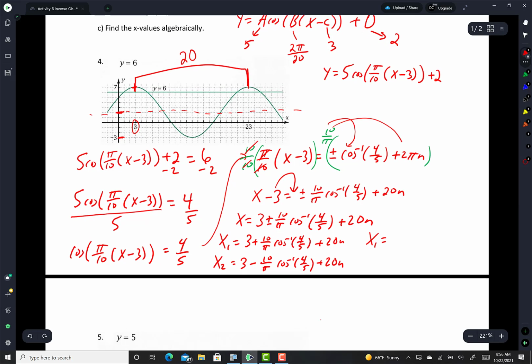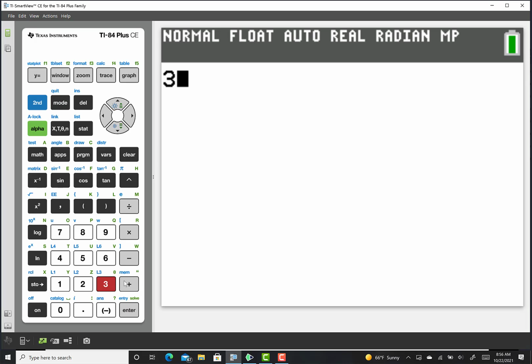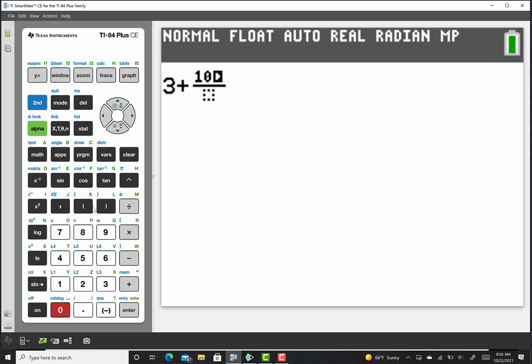X1 equals, so I'm going to go to my calculator. You guys help me out. Second quit. 3 plus 10 over pi arc cosine, and I think it was 4/5, right?